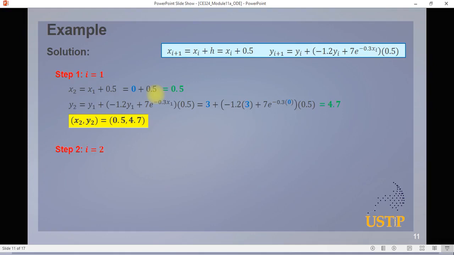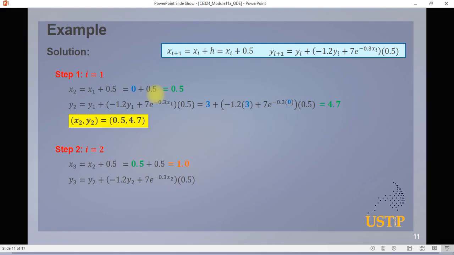For step 2, we have i equal to 2, then x3 is equal to x2 plus 0.5. We substitute x2, so we have 0.5 plus 0.5, which is equal to 1. Then y3 is equal to y2 plus negative 1.2 y2 plus 7e raised to the power of negative 0.3 x2, times 0.5.